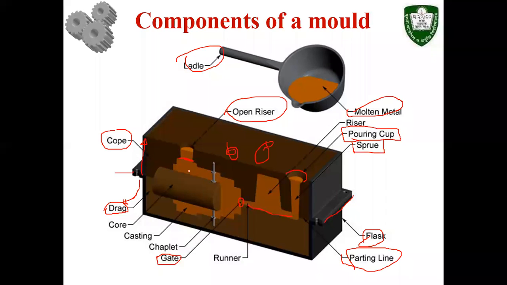We need to have a riser so that molten material comes through this way, it fills up the cavity, and the air gets out through the open riser. Another thing is that when you pour the molten material here in the pouring cup, you cannot actually see what's happening inside, because of the smoke of the boiling liquid.